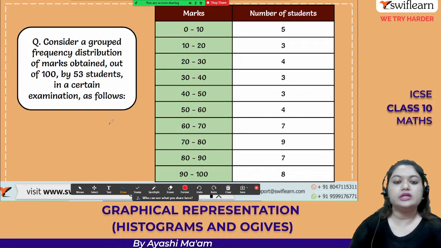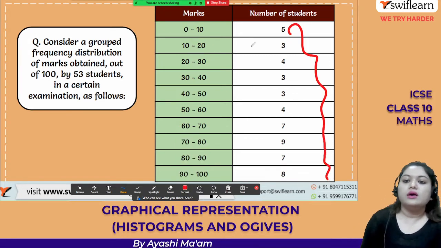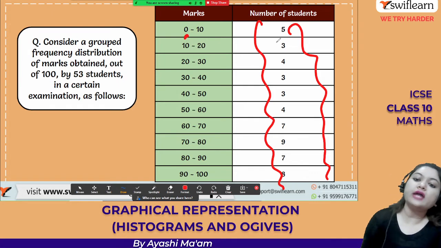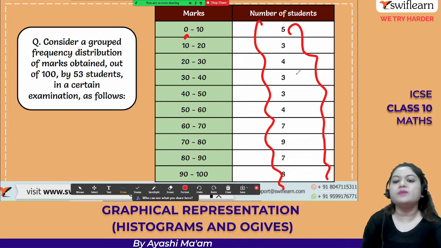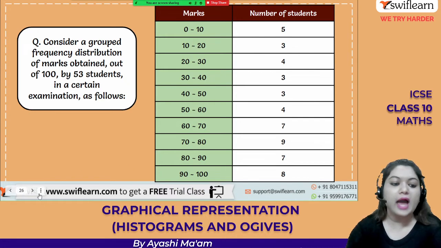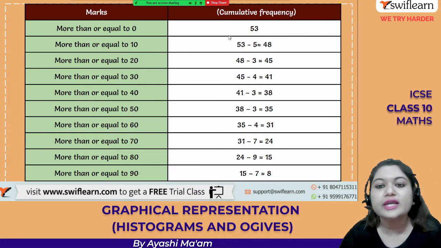So all these are more than 0 or equal to 0, right? So for the first one, more than or equal to 0, it will be summation of all these. So 5 plus 3 plus 4 plus 3 plus 3 plus 4 plus 7 plus 9 plus 7 plus 8. Okay, so if you add all these frequencies, you will get 53. All right, so the cumulative frequency for the first one will be 53.